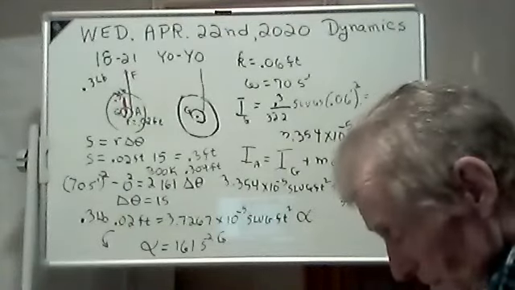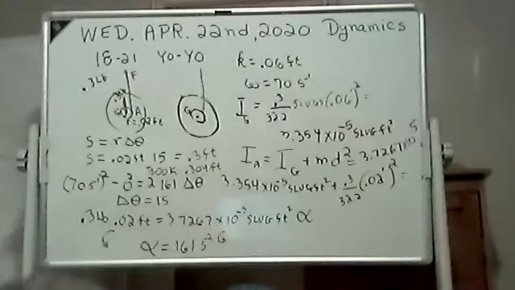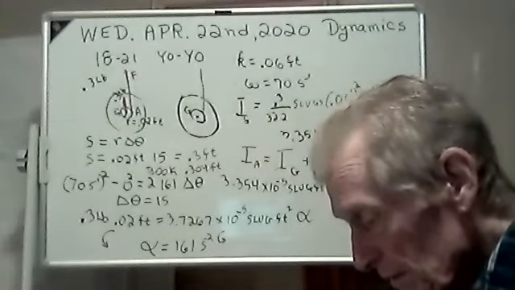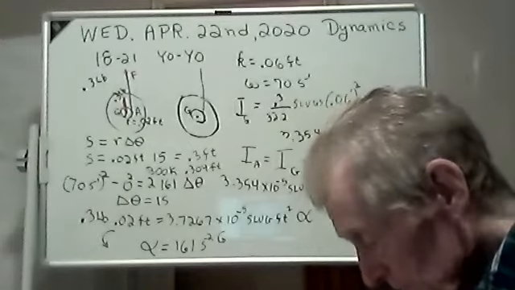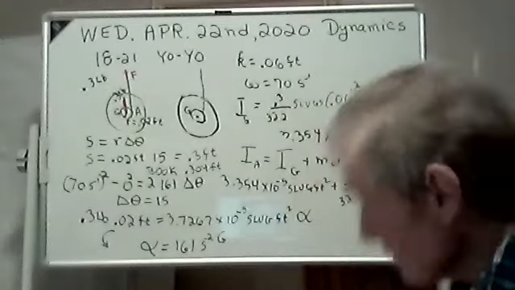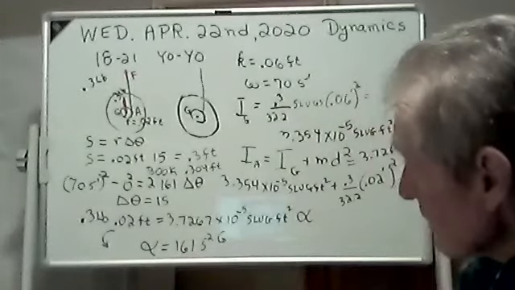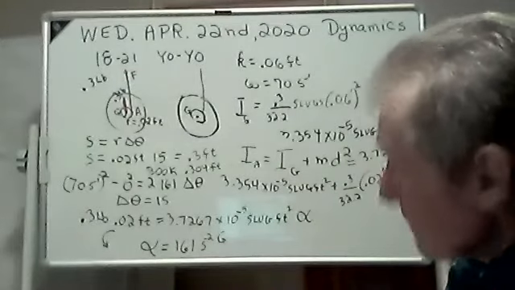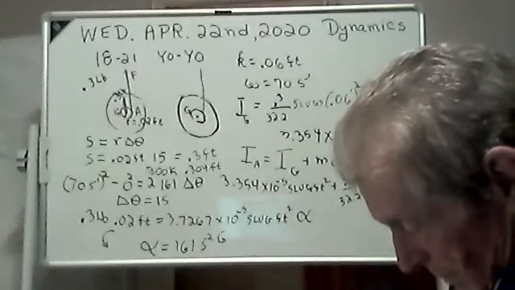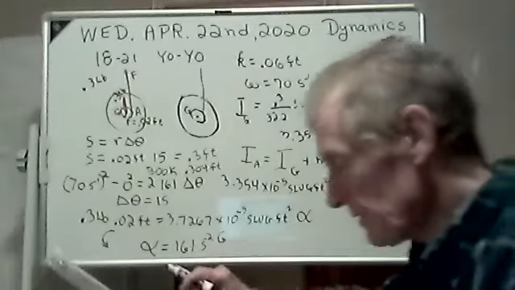Okay. So just a minute. Let me find this yo-yo. No, I got 161. That's good. And so I'm getting a different number here.